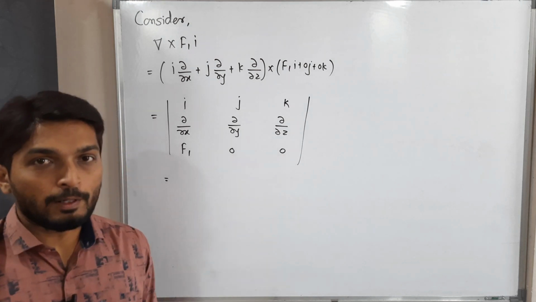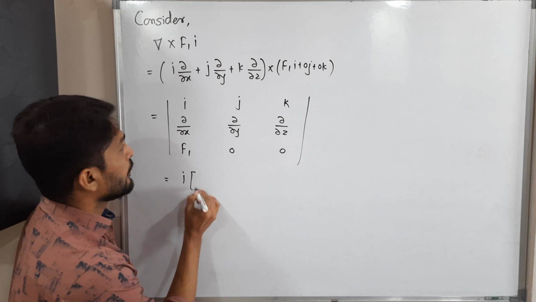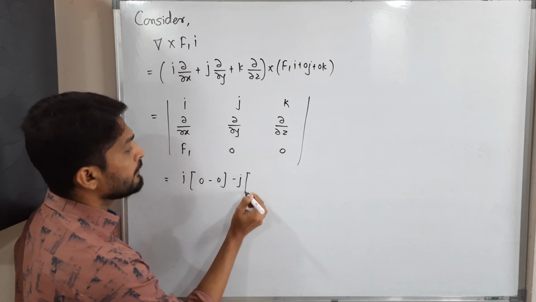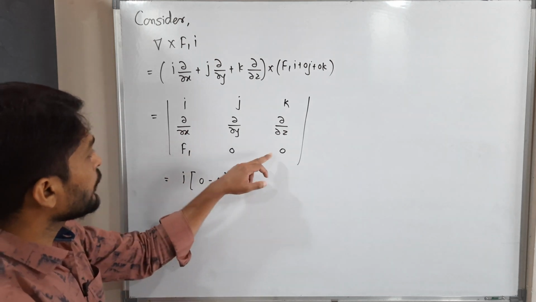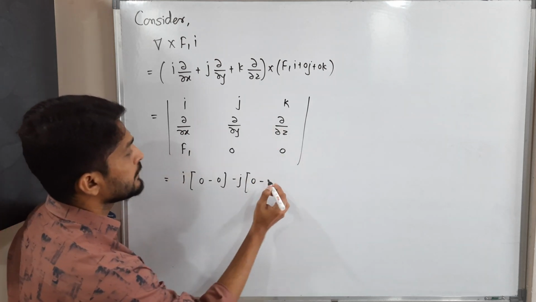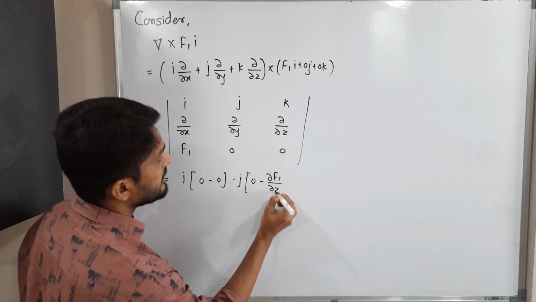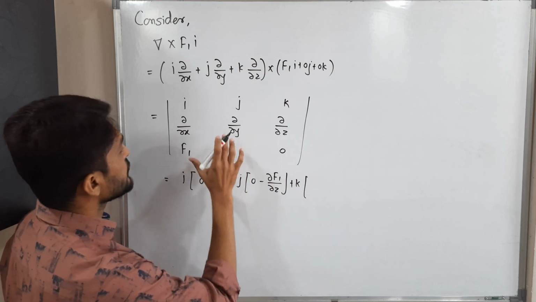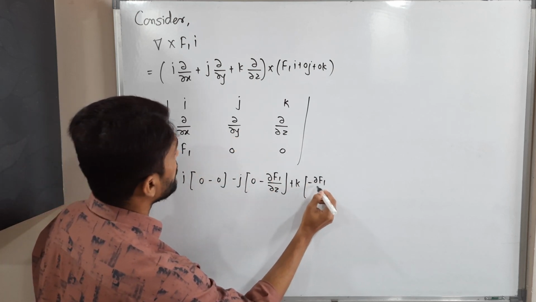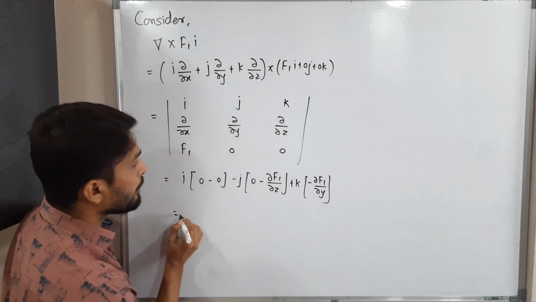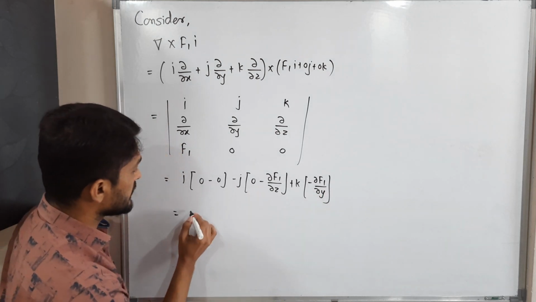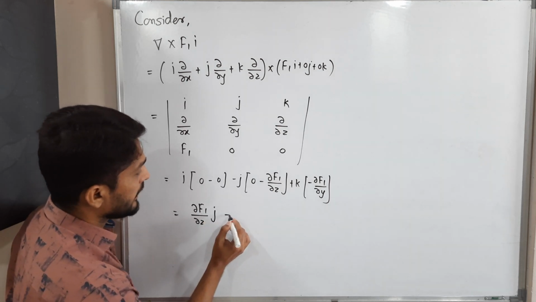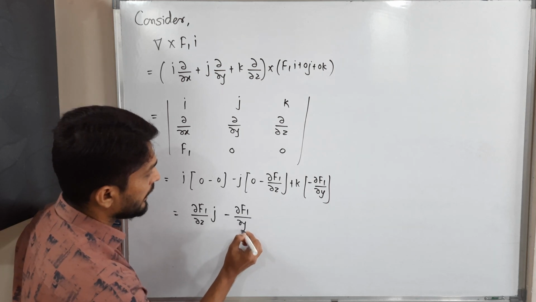Product of these two 0, minus product of these two 0, minus j, always the middle term we write with a minus sign, product of these two 0, minus product of these two, that means ∂f1/∂z, plus k, product of these two 0, minus product of these two, that means minus ∂f1/∂y. So let me write properly what we have here: minus minus plus, ∂f1/∂z j, minus ∂f1/∂y k.